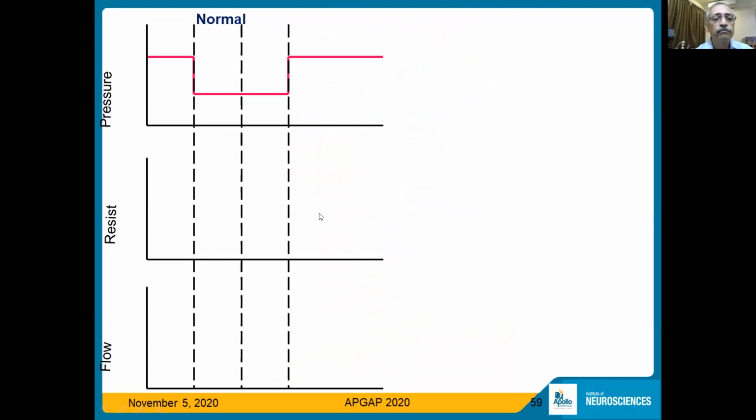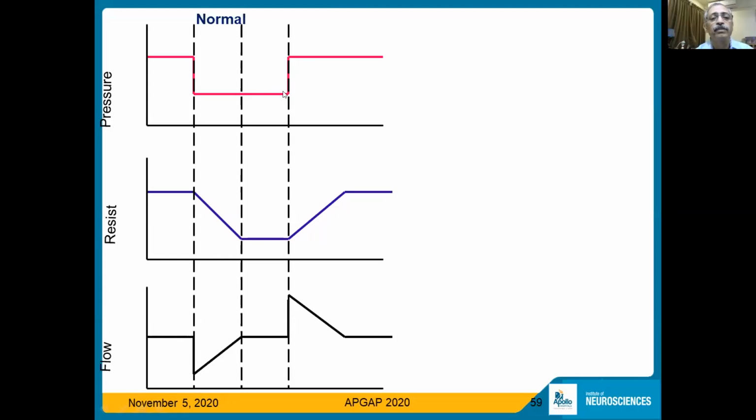Looking at the normal pressure relationship with resistance, as there is a drop in the pressures, there's a drop in the resistance, and the flow drops. But as the autoregulation comes into play, the resistance continues to stay lower as long as the pressure is low, and you can see that even as the pressure continues to be low, the flow has been restored to normal because of autoregulation coming into play.